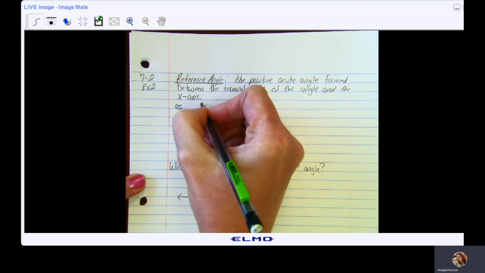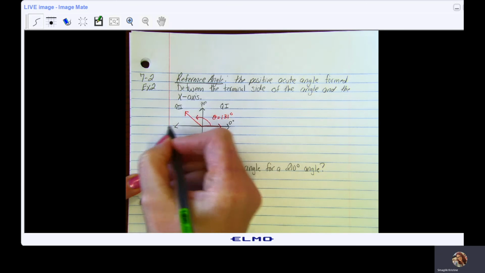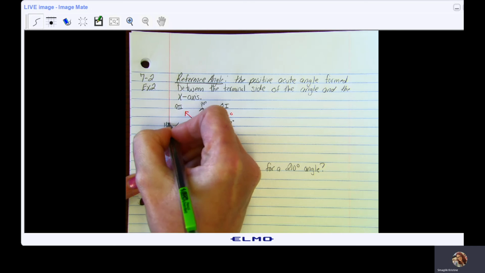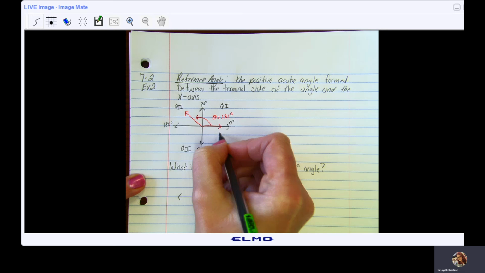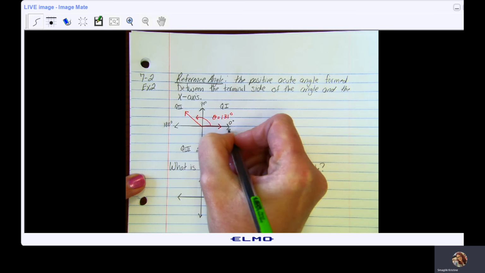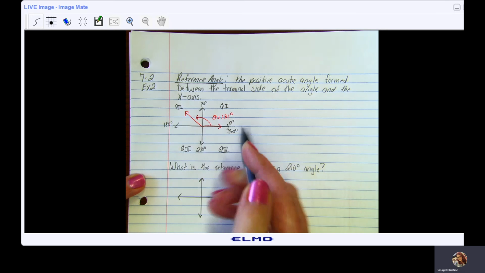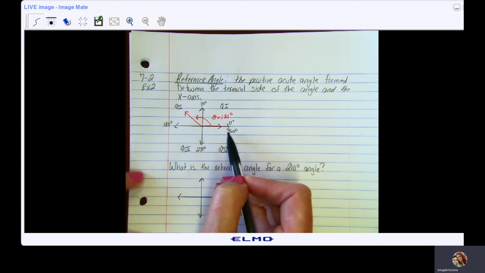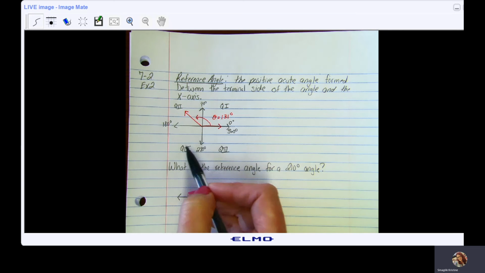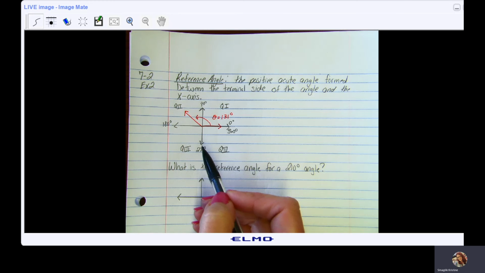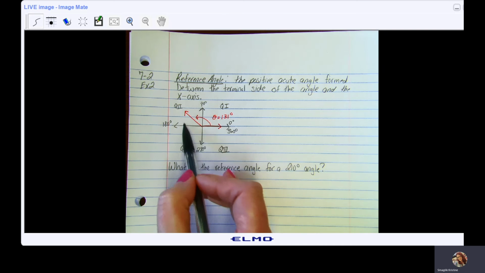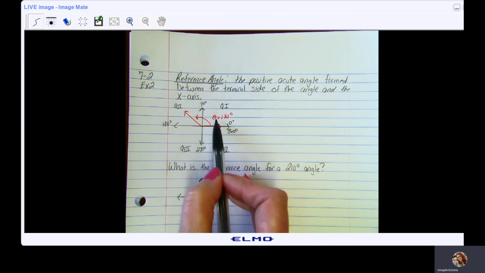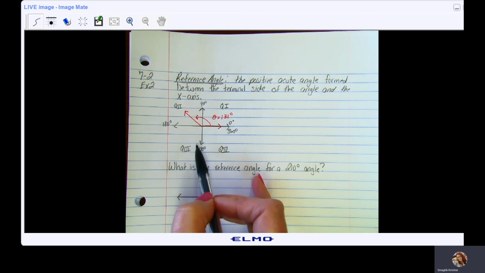Here's 90 degrees, 180 degrees, and 270 degrees. And again, if I add another 90 degrees, I am right at 360 degrees, which is a full rotation. And again, remember when we're putting these angles in standard position, our angles go counterclockwise if they're positive. Negative goes clockwise, positive counterclockwise.